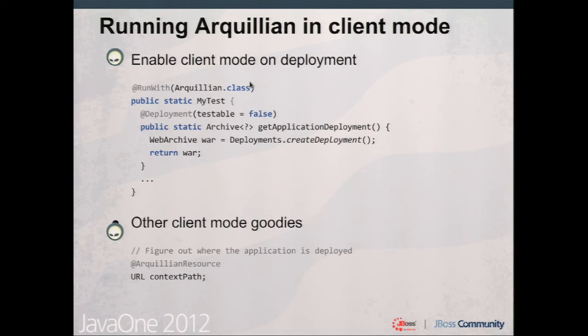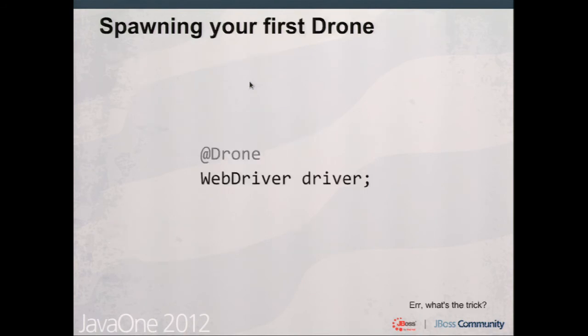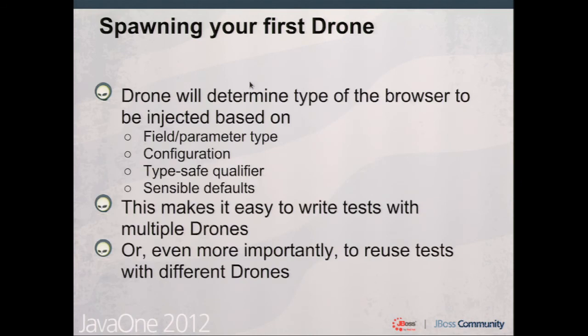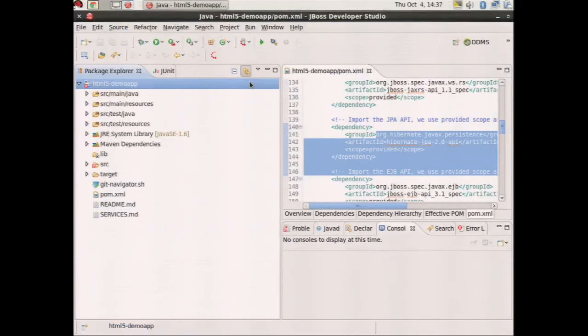So if you change your server and it's running on a different port, or on a different machine, you don't have to change your test at all. Arquillian basically injects this kind of information directly into your test. Okay, you want to use Selenium, you inject this as well. Drone will take care of the setup, starting the browser, stopping the browser. So let's run the test.